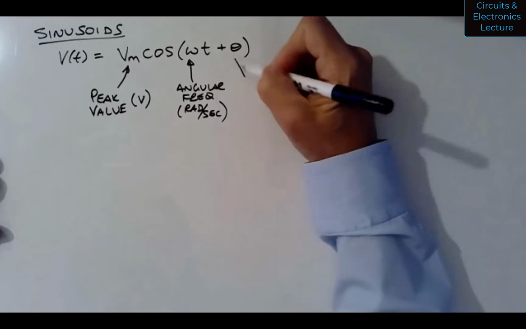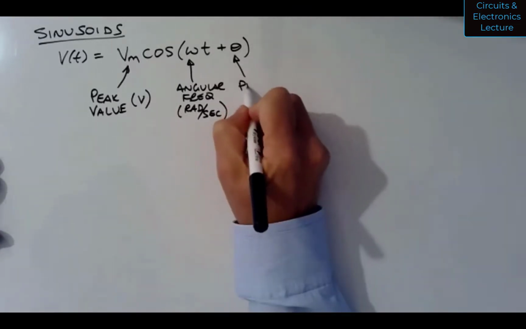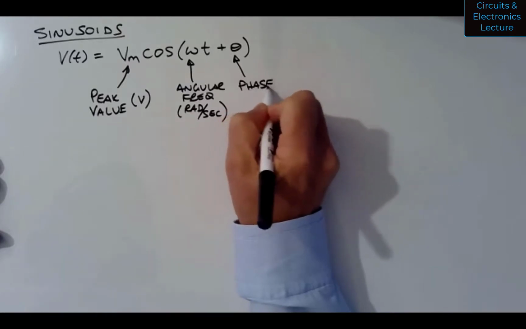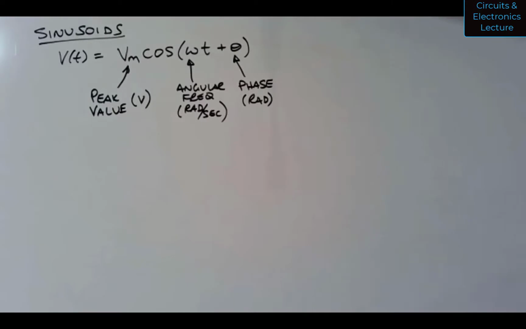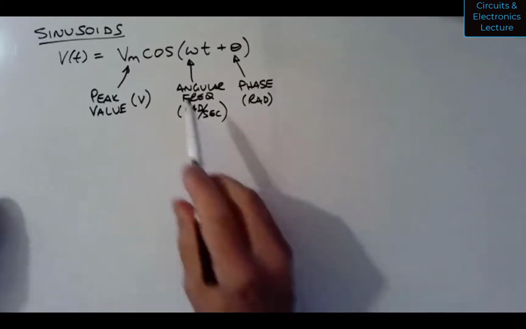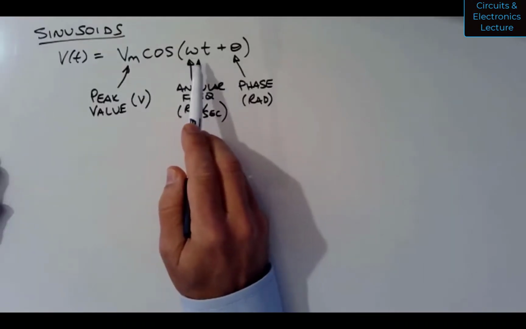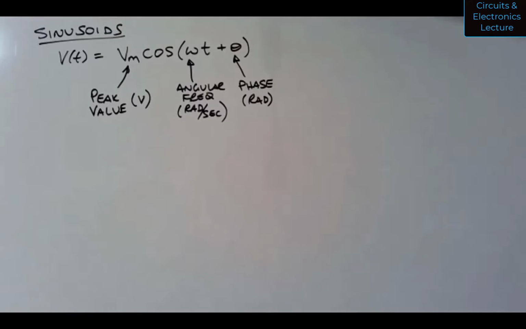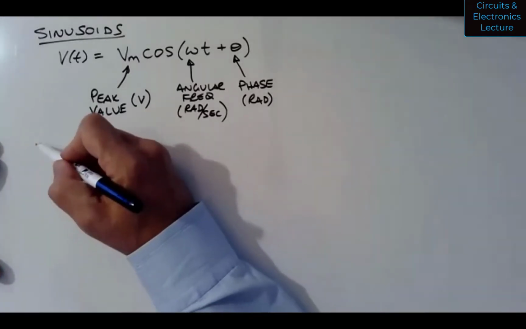Then we have theta, which is a phase term, and that has the unit of radians. Any argument of a cosine or a sine is typically in radians. We can switch to degrees, but you have to be consistent with your units. So those are the terms we're going to use to describe a sinusoid.